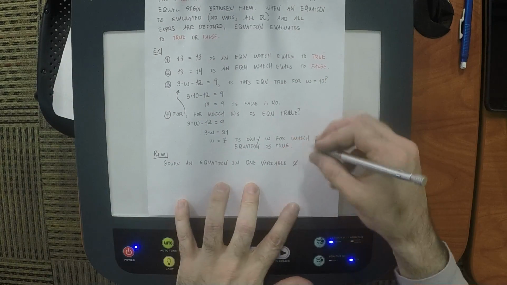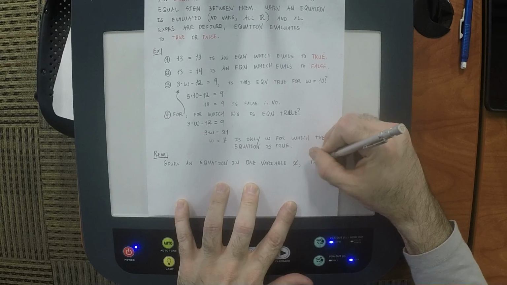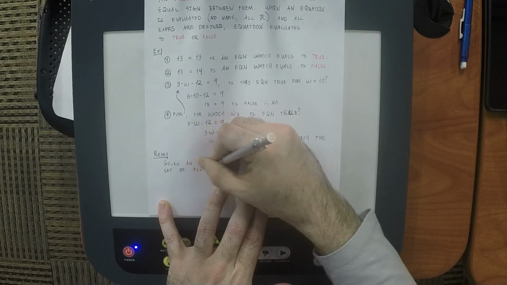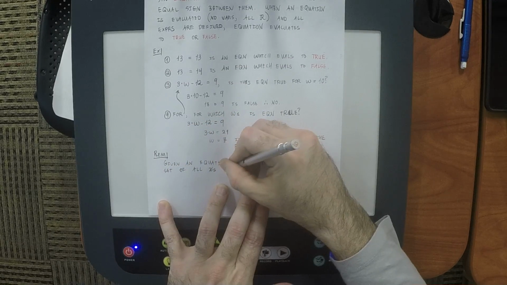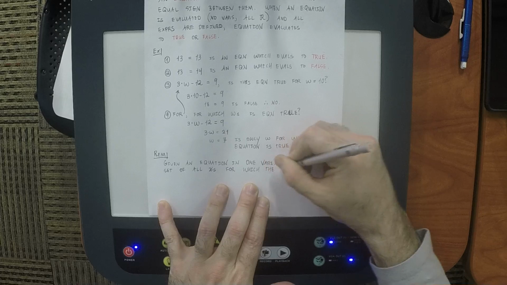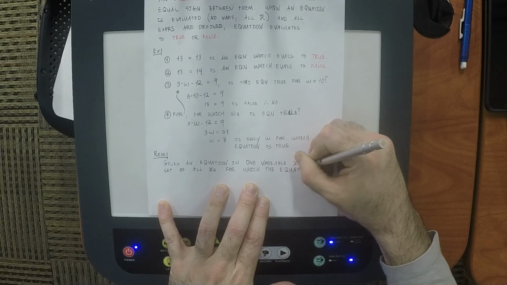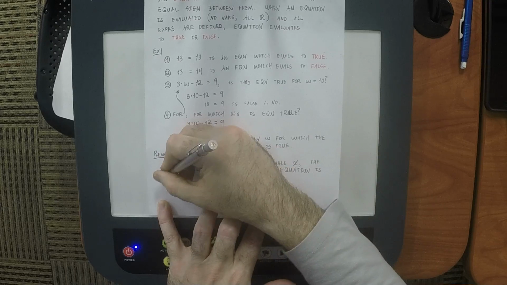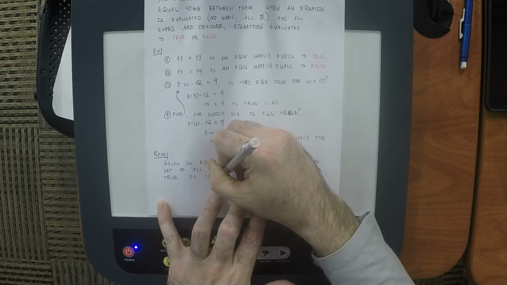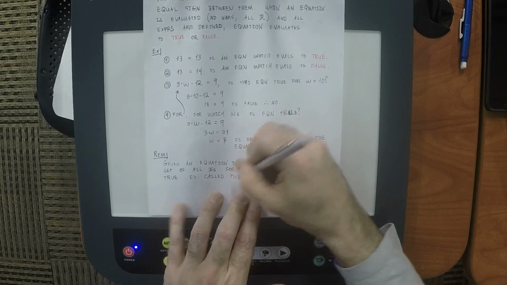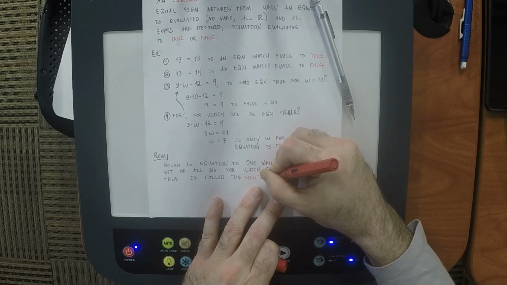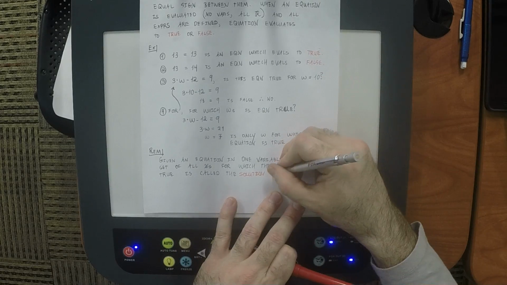So given an equation in one variable x, the set of all x's for which the equation is true is called the solution to the equation.